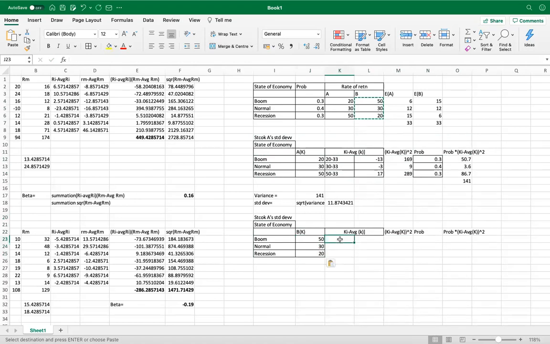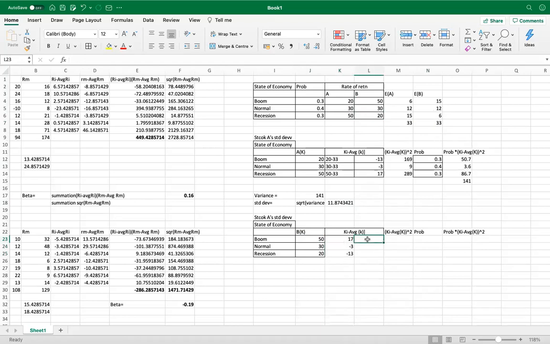Again x bar is 33. So I will say this minus 33. Now my next step will be squaring this.